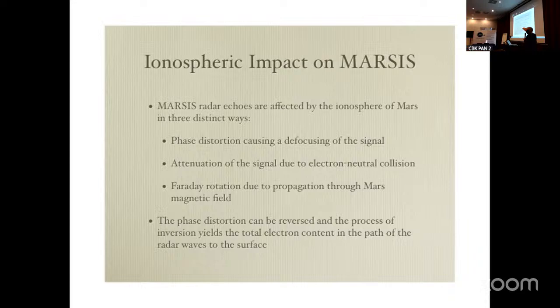And the ionosphere of Mars is somewhat comparable to the E region of the Earth's ionosphere. Then the signal is distorted, is attenuated, and there is also a Faraday rotation, which means that we have to take into account these things.